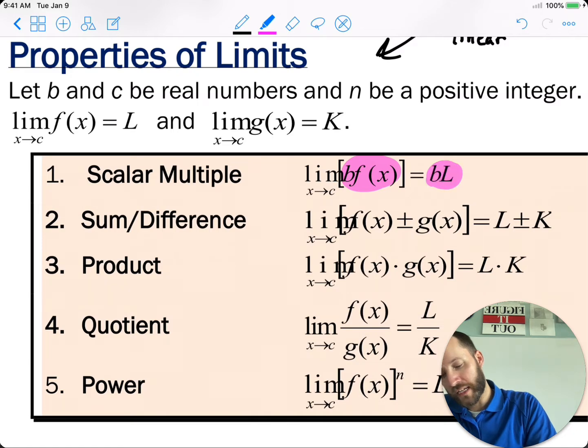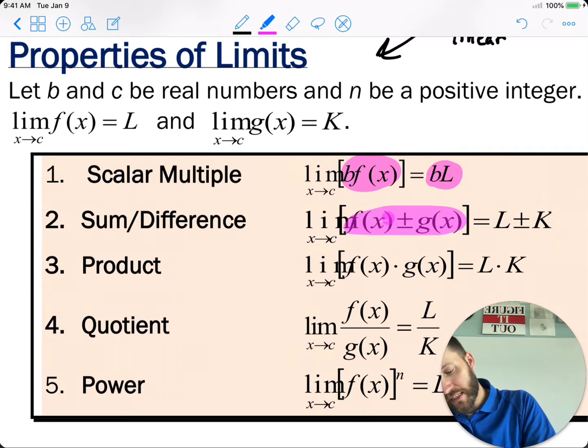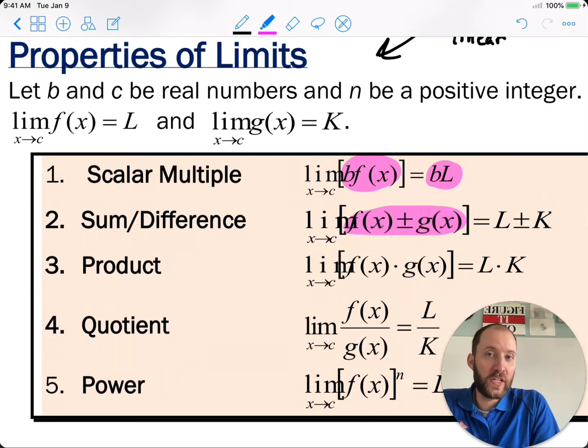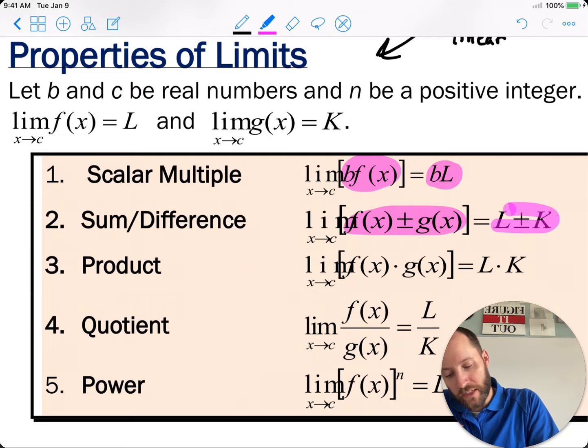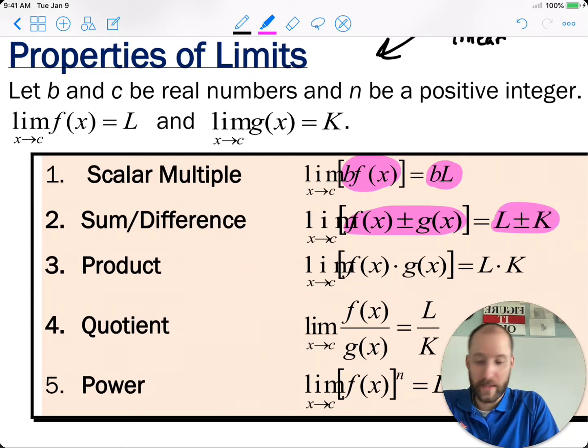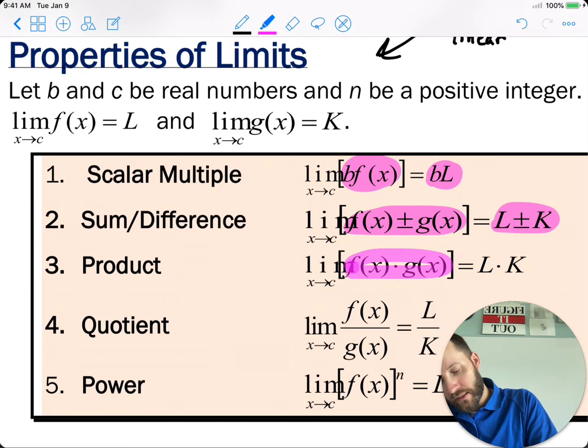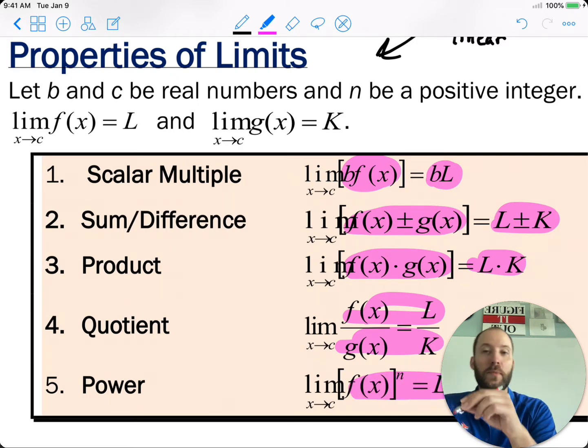Don't forget to scale it up by b. If you have a sum and difference, so f plus or minus g, that is just your limits, L and k, plus or minus. Same with multiplication. Same with division. And same with your power.